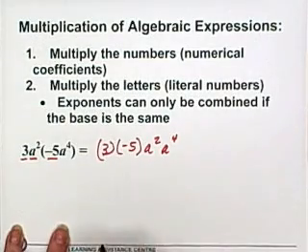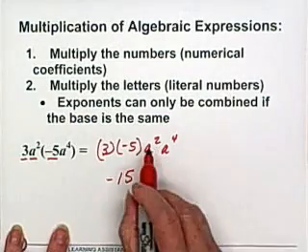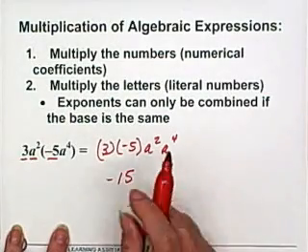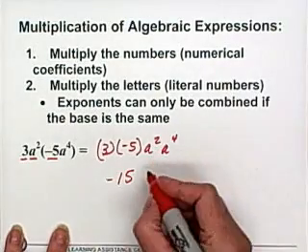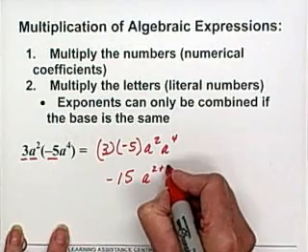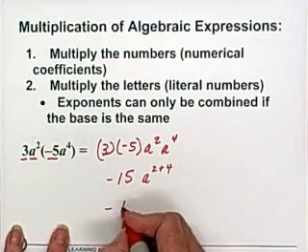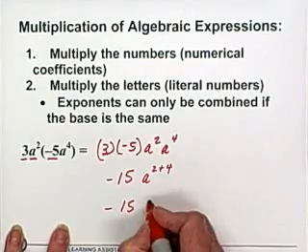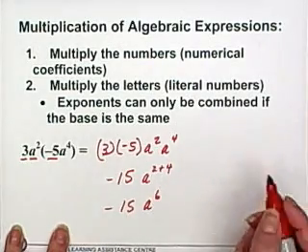Now 3 times minus 5 is minus 15. When we multiply two powers, we add the exponents. So this becomes a to the 2 plus 4. Now it becomes minus 15, and 2 plus 4 is 6, so it becomes a to the power of 6.